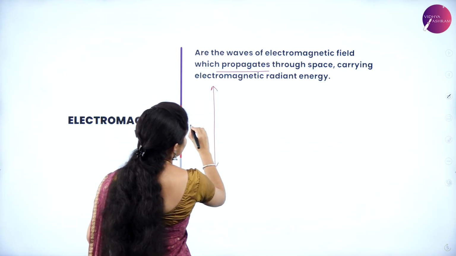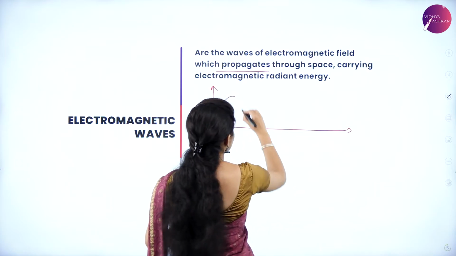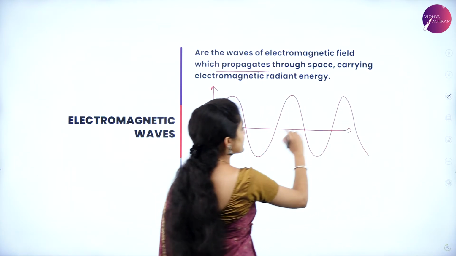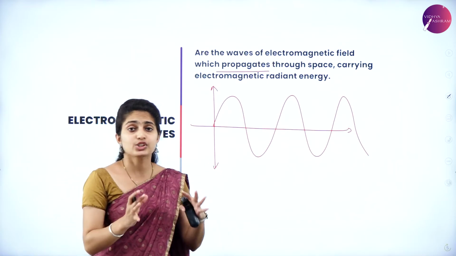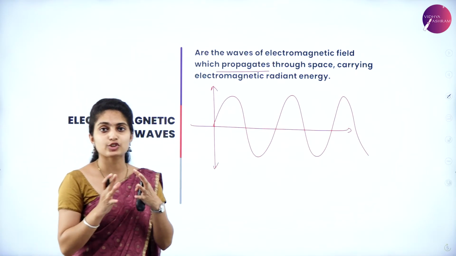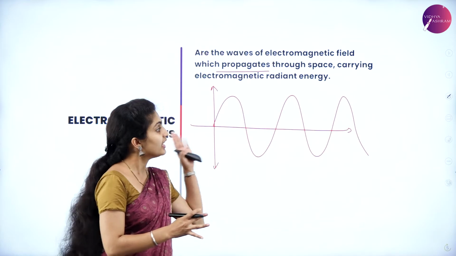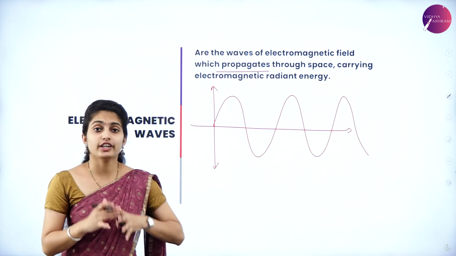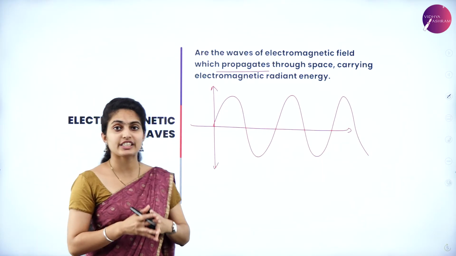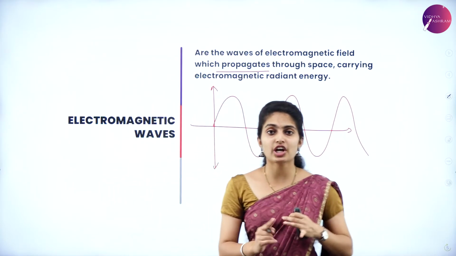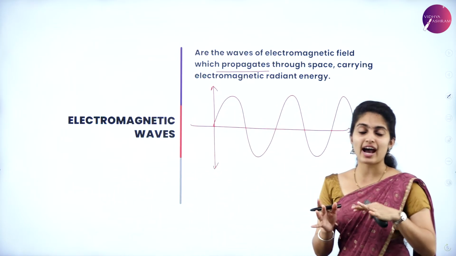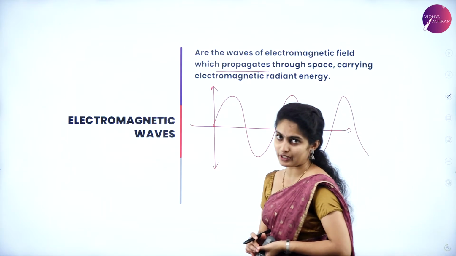The electromagnetic wave is represented by a sine wave which is of this form. This is called a sine wave or a sinusoidal wave. Okay. So here the representation of electromagnetic waves takes place in this manner. So here we can see a sinusoidal variation of electric field and magnetic field which are at right angles to each other as well as to the direction of propagation.